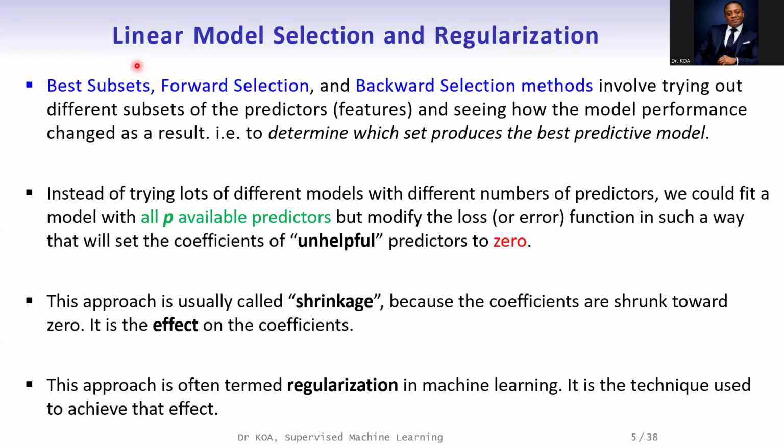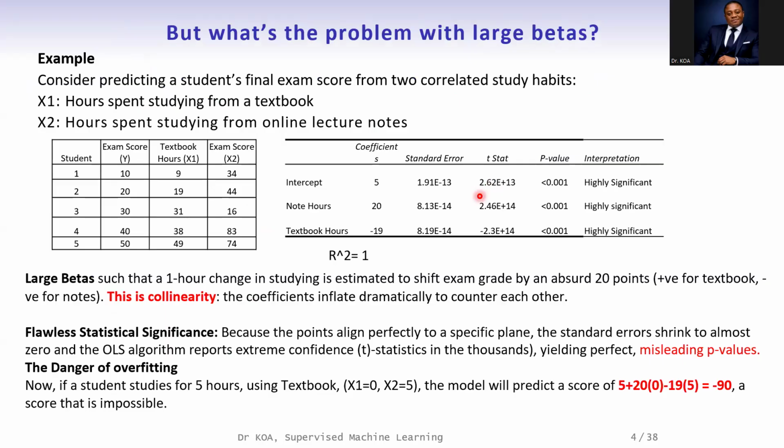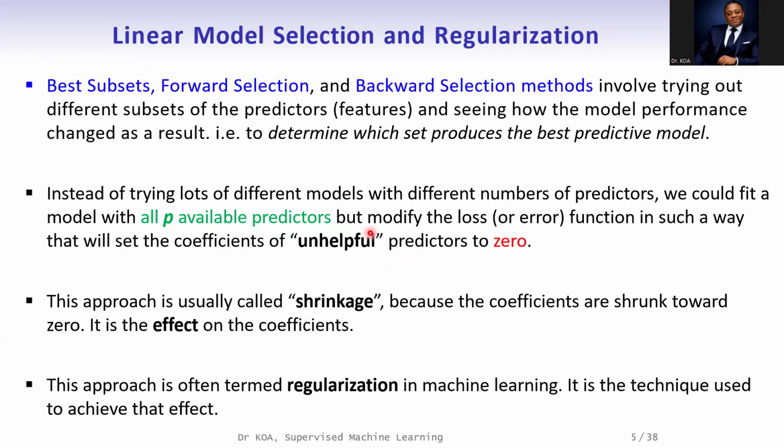Instead of having a very big coefficient, and yet this variable is not helpful in prediction. What method can help us push the coefficient towards 0? It's called shrinkage or regularization method in machine learning. Very powerful method. We are going to look at both of them.